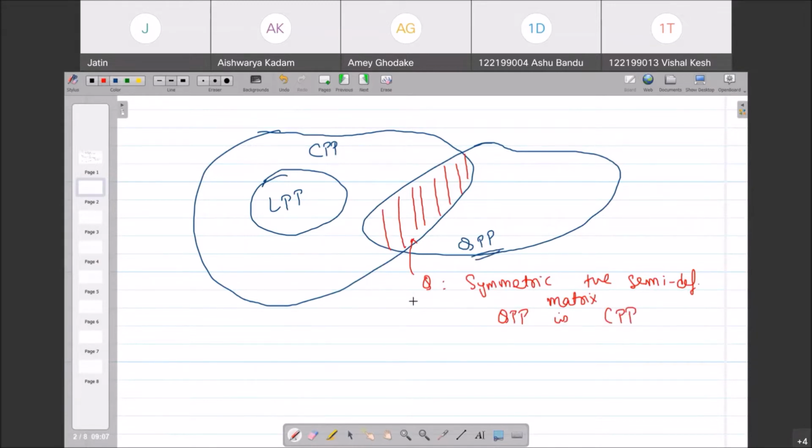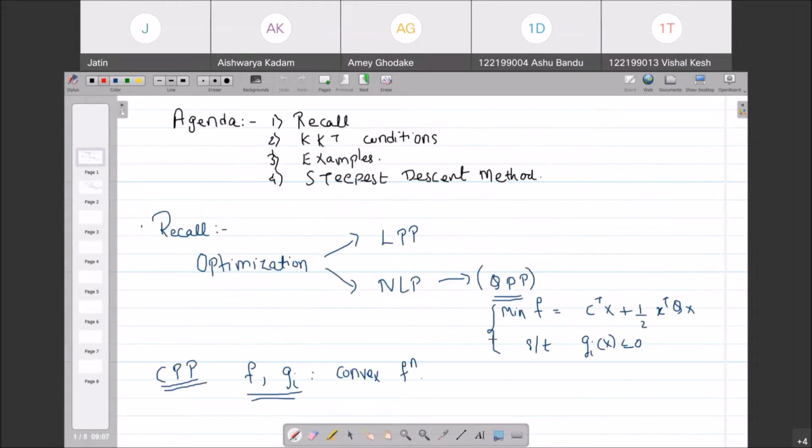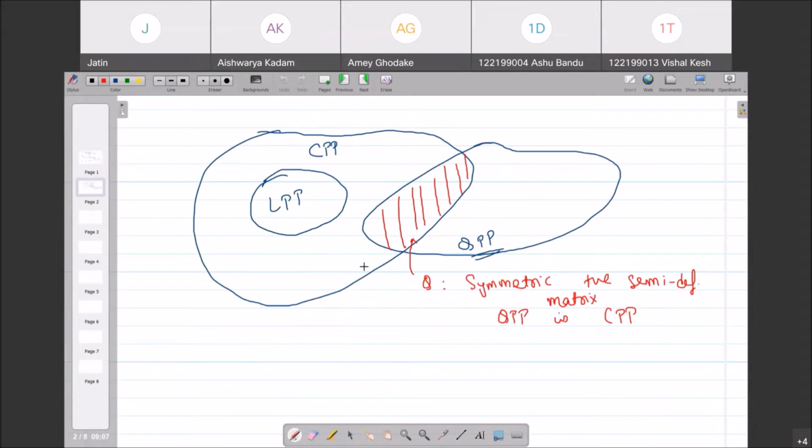And we also saw why we multiply by 1 by 2 over here: the reason is that Q then becomes the Hessian of f. So this is what we have seen.